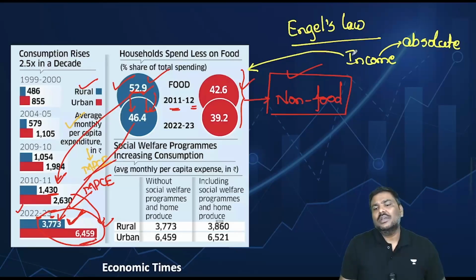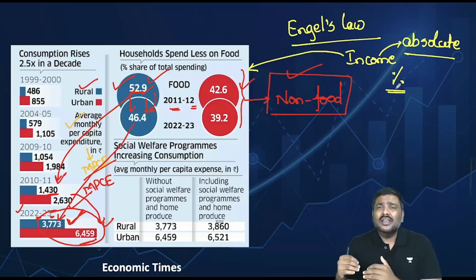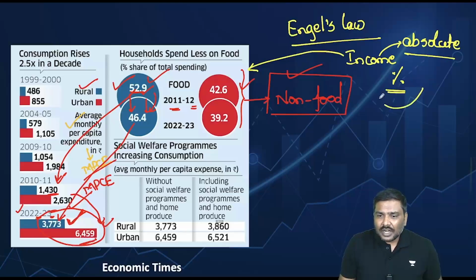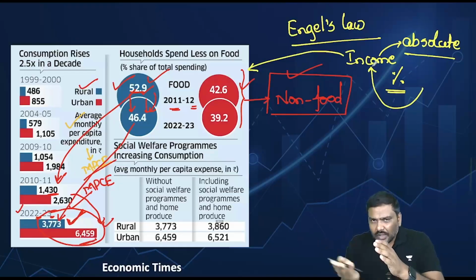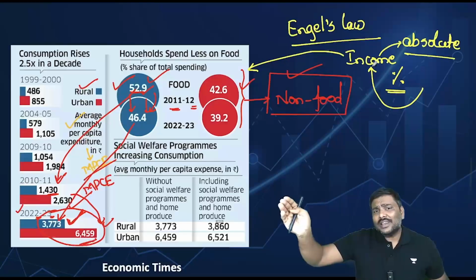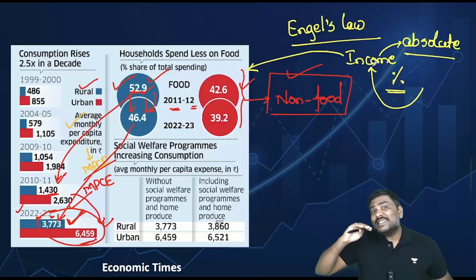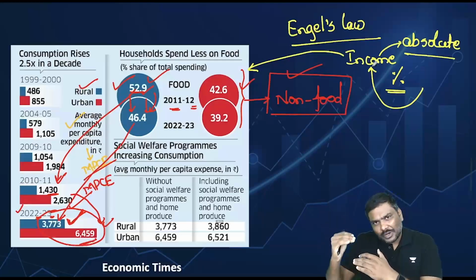In rupee terms, the absolute expenditure on food increases, but the proportionate expenditure on food will keep on decreasing. Proportionate simply means total expenditure on food divided by total income. So absolute expenditure keeps on increasing, but the percentage expenditure keeps on decreasing.